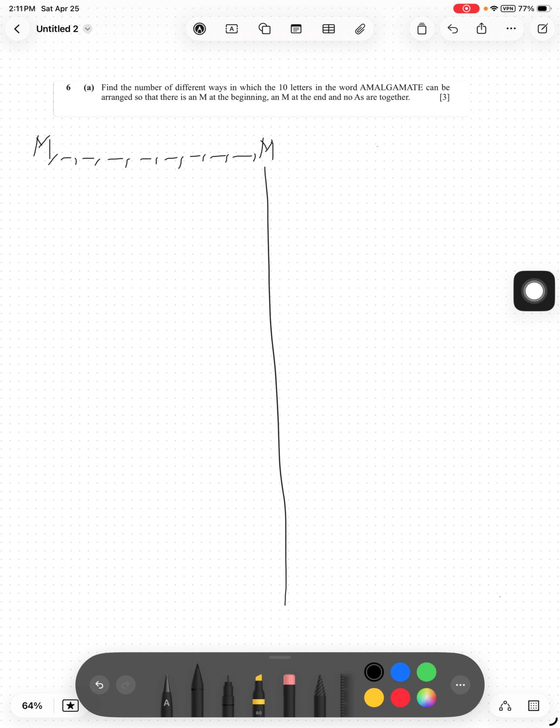So we have M at the beginning and M at the end. That is for the first 2 conditions. Now, the final condition is that no A's are together.